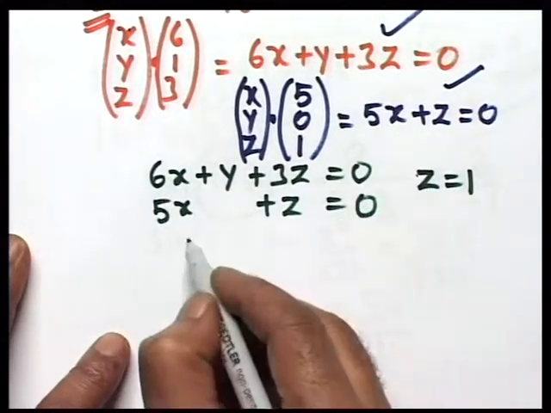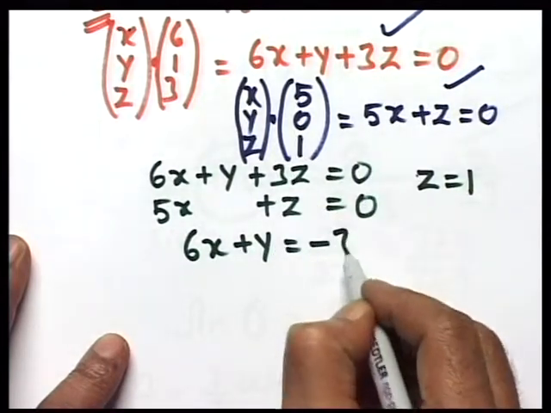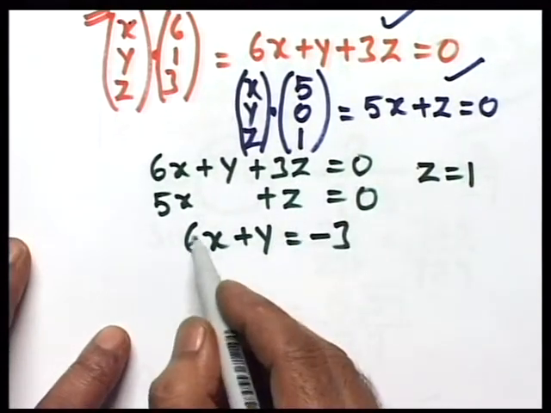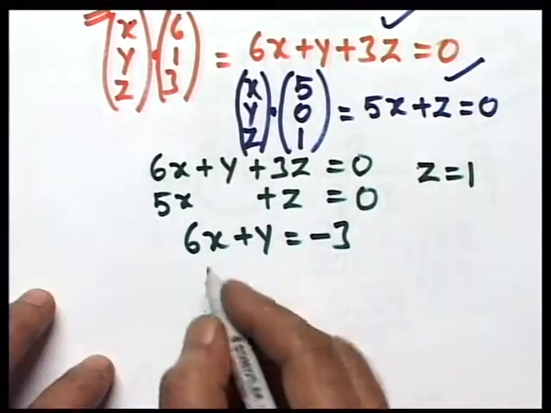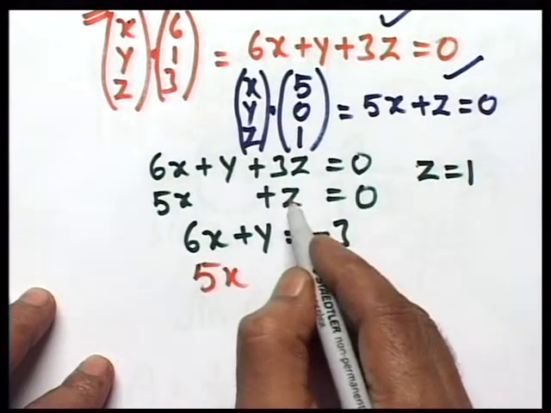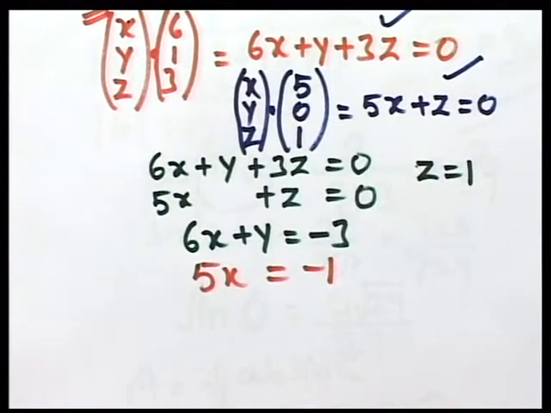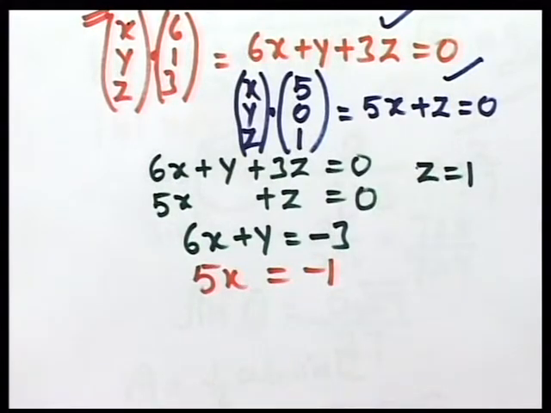So the first equation now becomes 6x plus y equals minus 3, which is 3 times 1. And the next one is 5x plus 1 equals 0, so 5x equals minus 1. We can solve that now to find the x value.